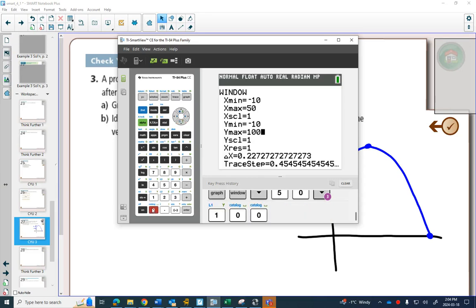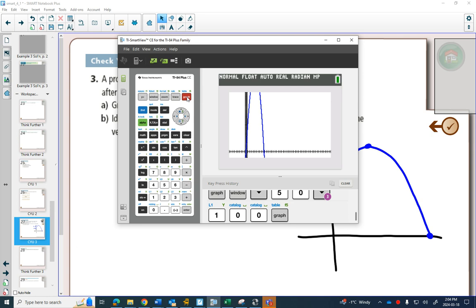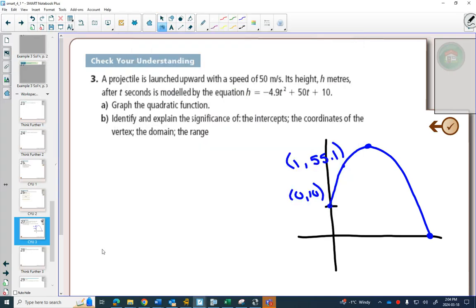It might be that I get lucky and this works out perfect. It might be I have to do this again. I hit graph. Okay. Looks like I went too far on my x. I didn't need to go that far, but not quite high enough on my y. Okay. Now, did you see how we started a table of values? I did 0 and 10. I did 1 and 55.1.